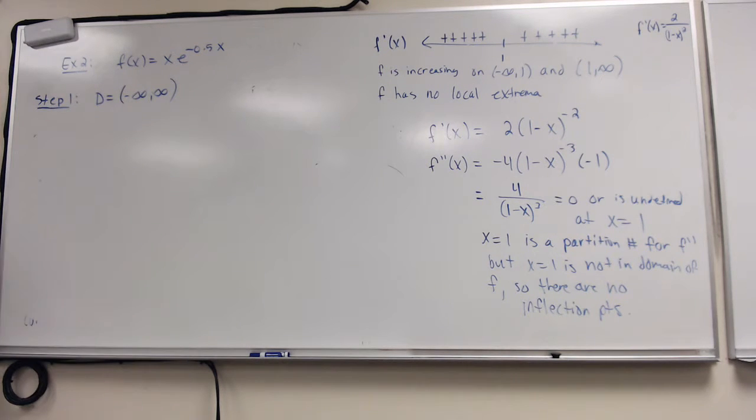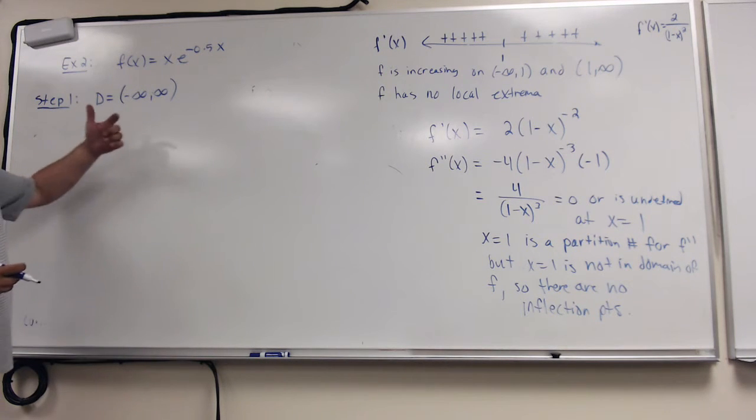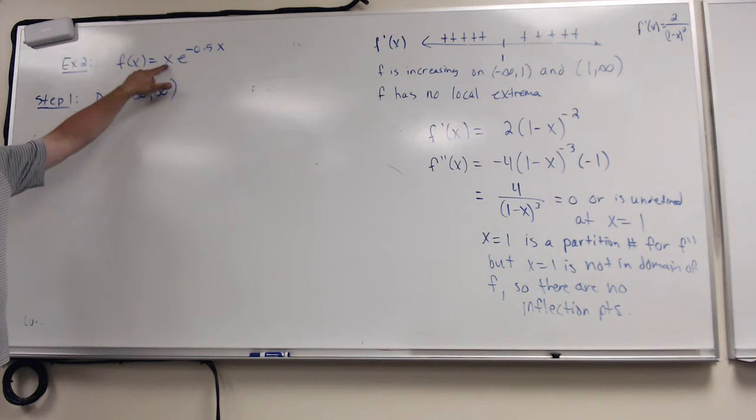Okay, and then what else do we need? We need the asymptotes and the intercepts. So the intercepts, I think again this is just going to be like the previous one. If you plug in 0 for x, you're going to get 0. So the y-intercept is 0.